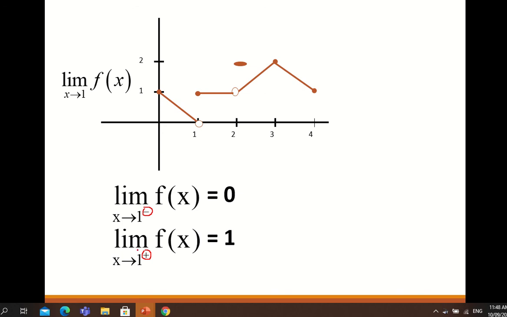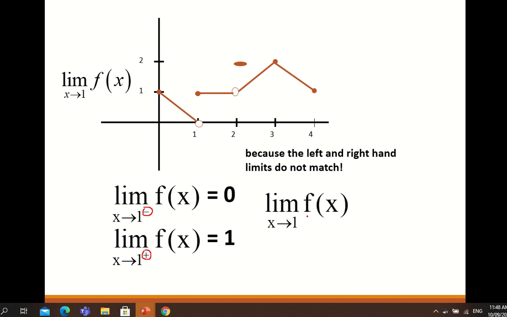You see here the one-sided limits coming from the left and coming from the right both exist, but they are not equal. So therefore, we can say that the limit of the function of x as x approaches 1 does not exist. Do not put an equal sign here.